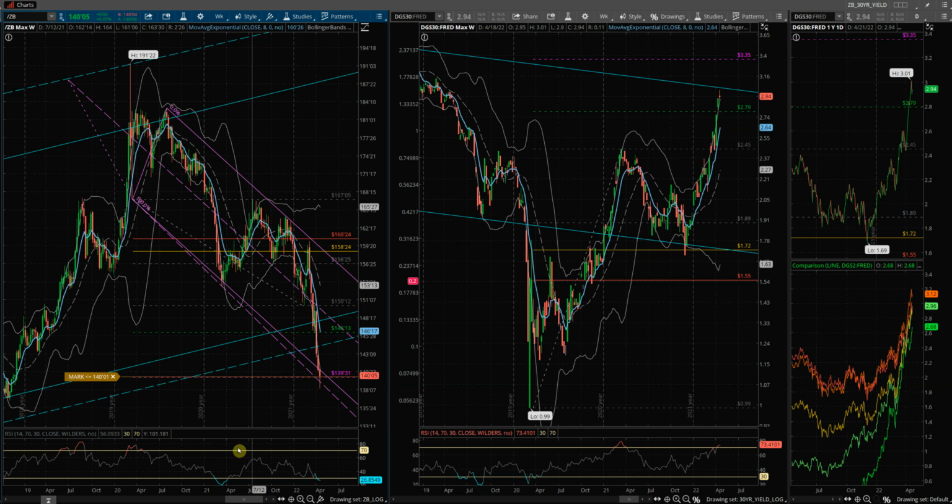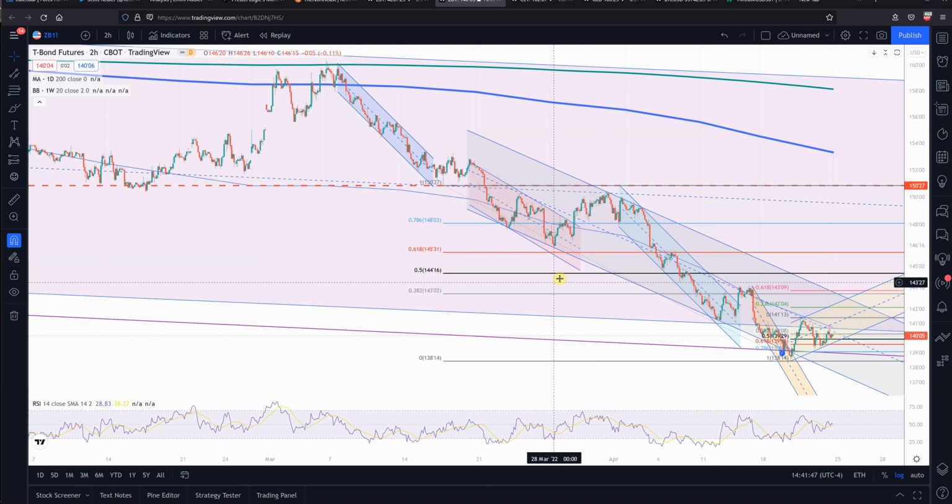In fact, it's so perfect that it sent me to the 2 hour chart. I was trying to figure out, maybe I'm wrong. Maybe this wasn't the bottom of wave 3, maybe this was the bottom of this whole wave 5, but I can't figure out a way to make that work.